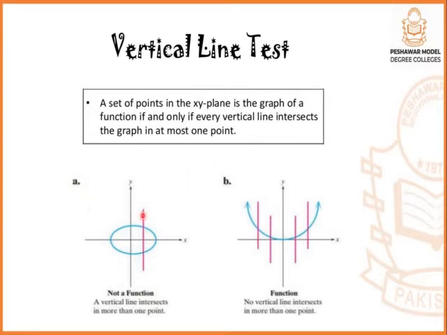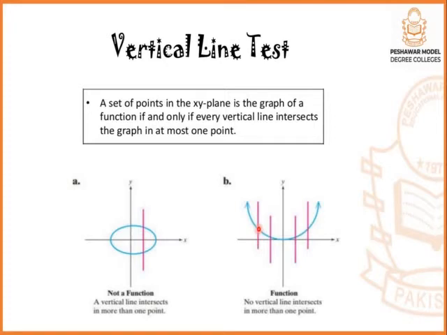Consider this graph. This is the graph of an ellipse. Now in this graph, if we draw a vertical line, and this vertical line is intersecting the graph at more than one point, that is 2 points. So it means that this is not a function. Now in second example, this is the graph of parabola. If we draw a vertical line at any point, these are 4 vertical lines.